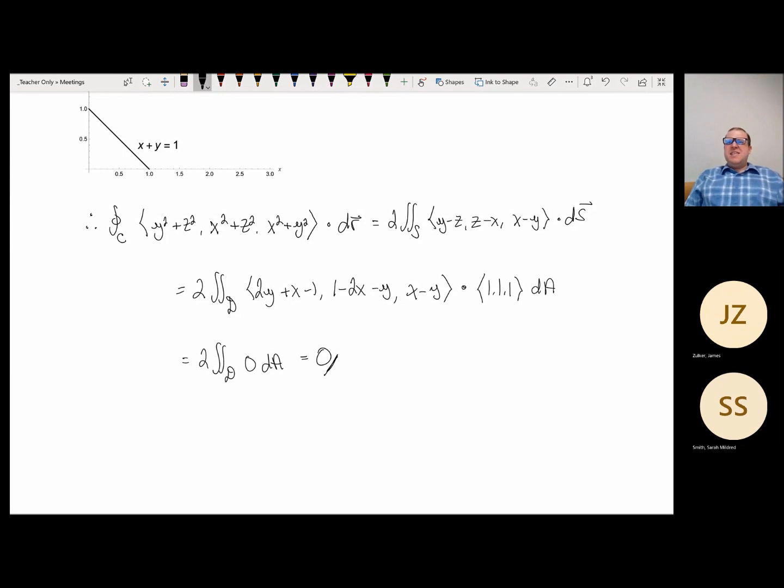I can't remember if this is the first time I did circulation of a non-conservative vector field being 0. So remember, the fundamental theorem of line integrals states if the vector field is conservative, then its circulation is 0. The inverse is not true. I'm sorry, the converse is not true.